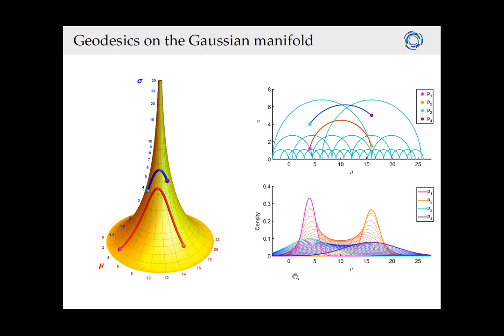The Euclidean distance does not take into account the underlying nature of the object between which we want to calculate the distance, namely the fact that these are probability distributions and not structureless points in a Euclidean space.